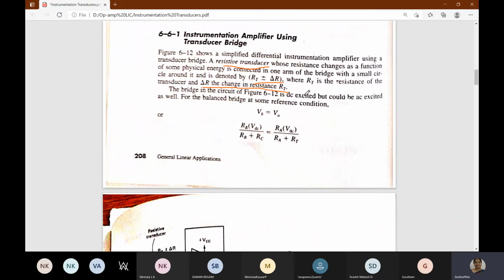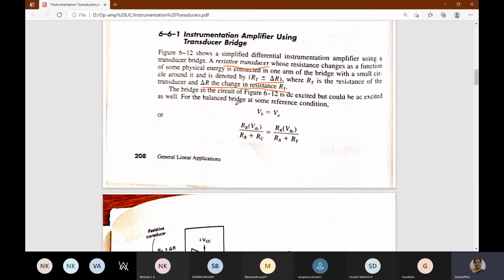This change occurs whenever there is a change in temperature or pressure, depending upon the transducer. If the transducer is a strain gauge, then whenever pressure is applied to it, its resistance changes. If the transducer is a thermistor, then there is a change in temperature. So depending upon the transducer, the input will be given.